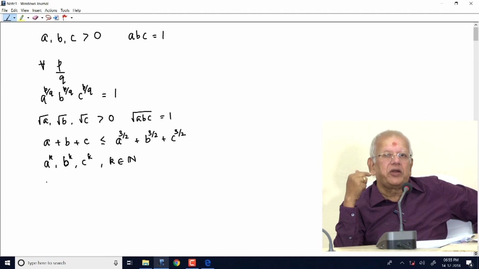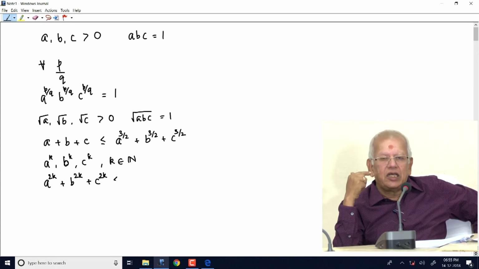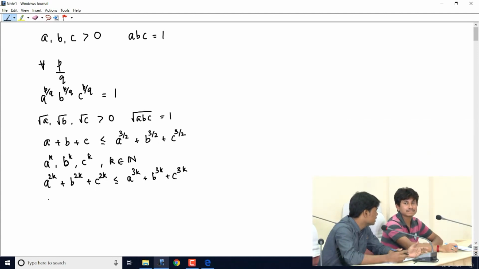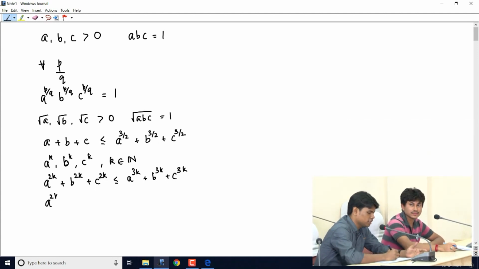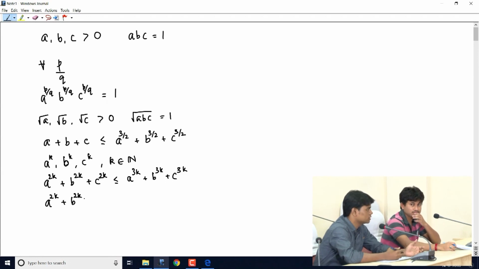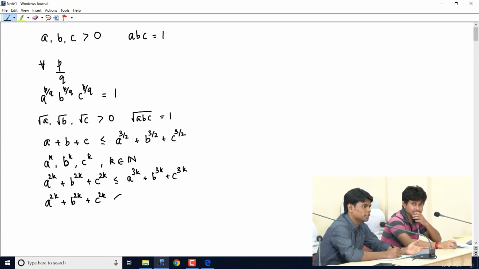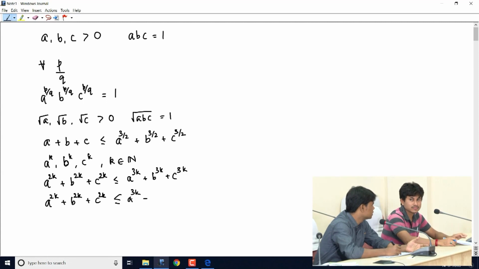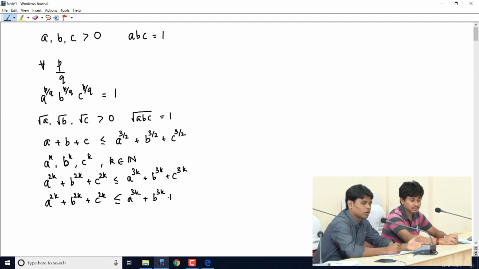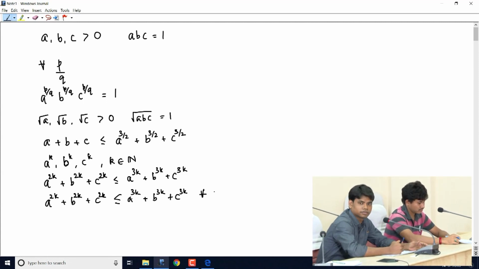So if the problem is correct, then we must have A power 2k plus B power 2k plus C power 2k less than or equal to A power 3k plus B power 3k plus C power 3k. Sir, in fact, this holds for all rational numbers k.